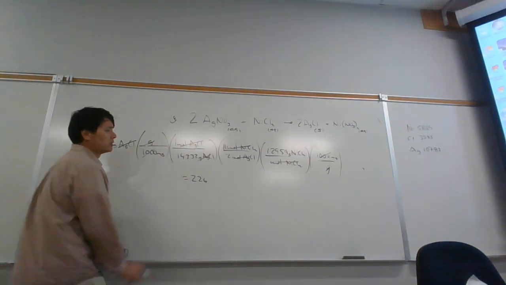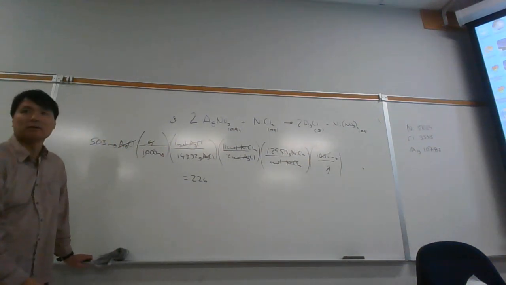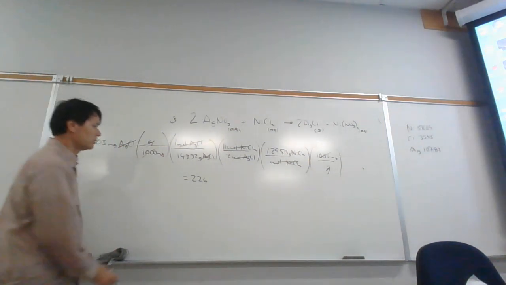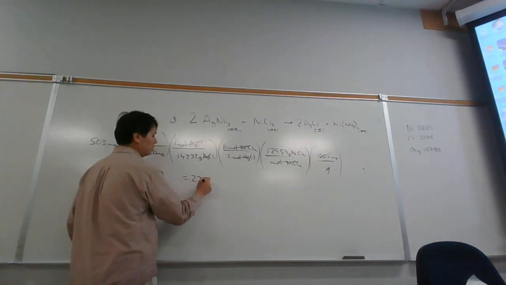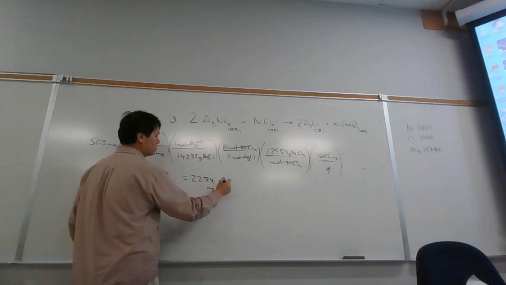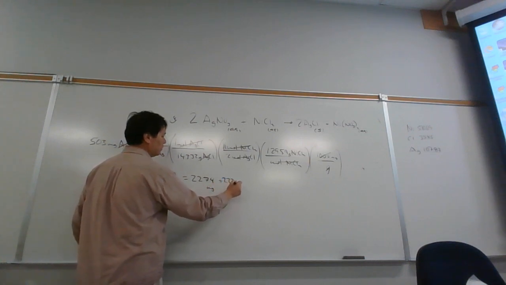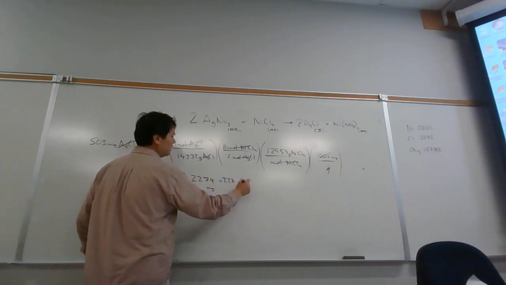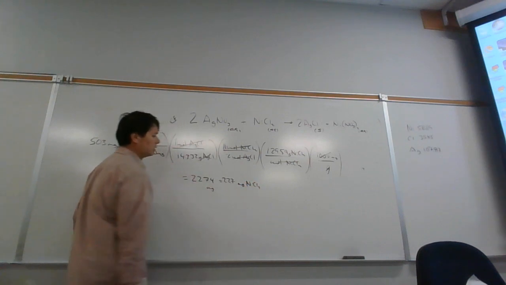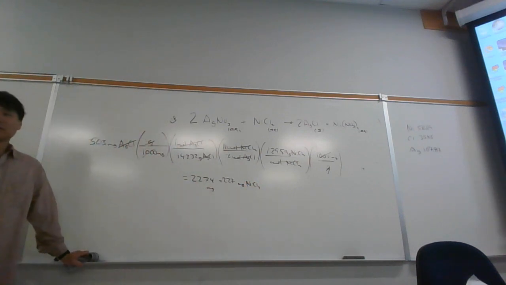We'll do it to 4 sig figs and then we'll round it to 3. 227.4 milligrams, which rounds to 227 milligrams of nickel chloride required to precipitate that much.